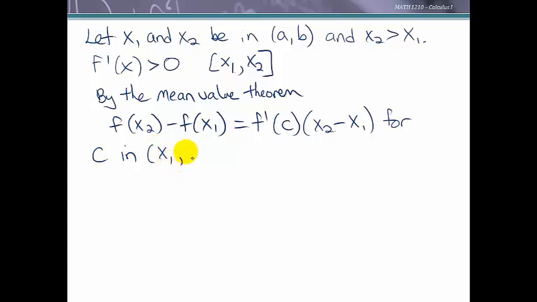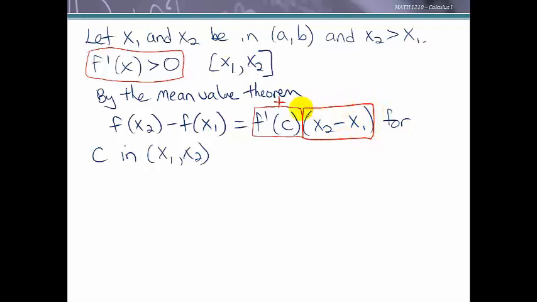So we're looking from x1 to x2. We know the derivative is positive for every point in this interval, and so since c is in this interval, the derivative is going to be positive here. We also know this difference here, x2 minus x1, is positive because x2 is greater than x1. So we know that f of x2 minus f of x1 equals a positive, so therefore it's greater than 0.